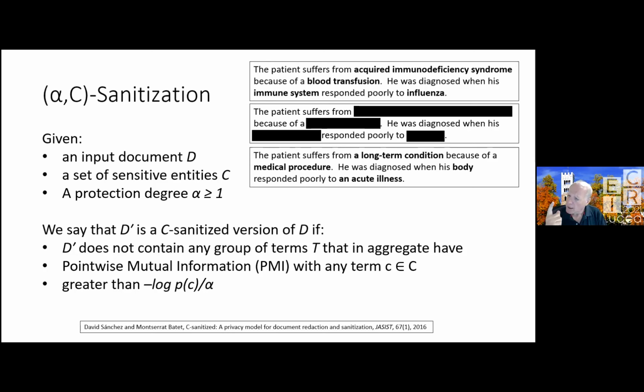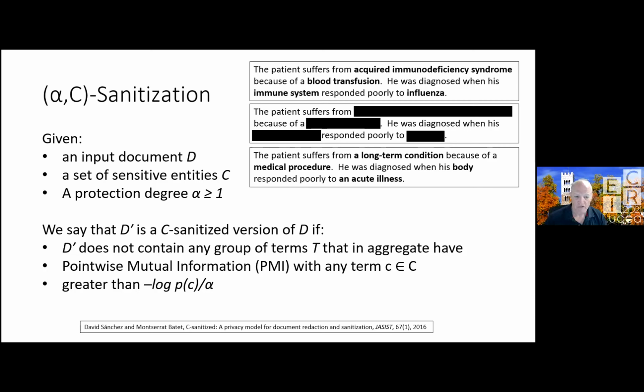But that doesn't have anything to do with how likely each of these things would have been to be in this position. So if you want to know how likely it is to have it in this position, you want to go to some information theoretic measure, and a natural measure to go to is information gain, right? So information gain is minus the log of the probability in some corpus of the term, right?